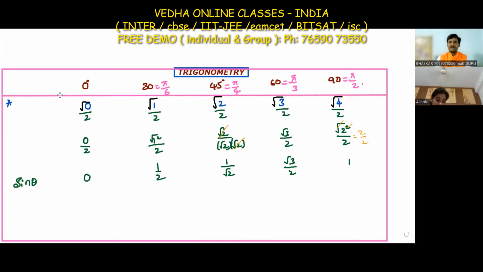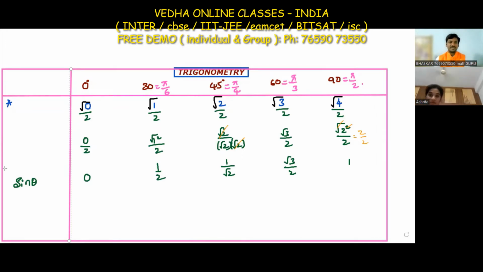If you know the first one, the remaining are very easy. In that also, particularly the first three are very important, that is sine, cos, tan. Cos will be from this side, and tan is sine by cos.